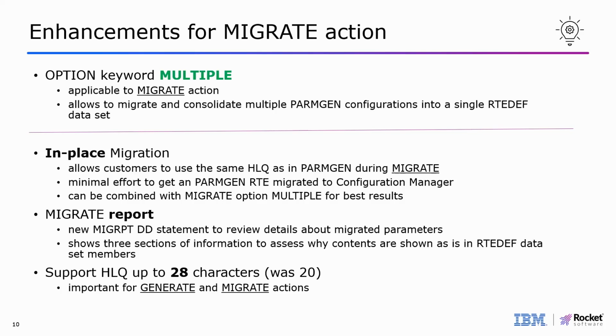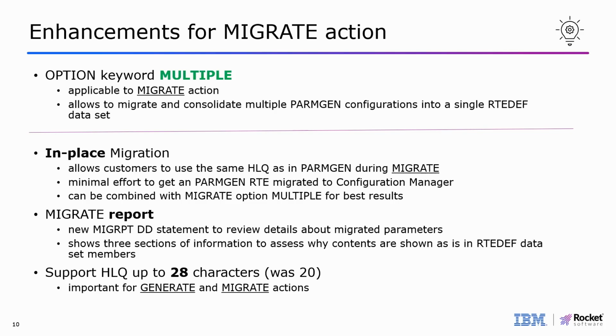But with the multiple keyword, in addition to the KFJ sysname input variable, you can say when you migrate a ParmGen environment into Config Manager to use the respective LPAR suffix. So you can consolidate all your runtime environments into a single RTDEF for any given sysplex.